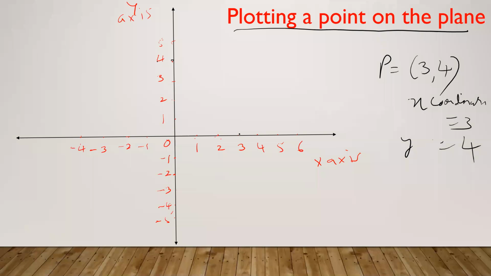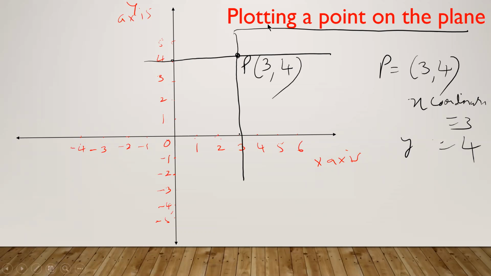We will draw a line like this parallel to y axis, and यहाँ पे 3 parallel to y axis, here parallel to x axis, and where these 2 points meet, this is the point P having the coordinates 3 and 4. So this is how we plot any point on the plane. क्या करना है हमको? पहले उसका x कोऑर्डिनेट देखना है. अगर वो पॉजिटिव है तो यहाँ होगा राइट साइड में, नेगेटिव है तो इधर होगा. तो यहाँ ये पॉजिटिव है तो x is 3 here, y is 4.